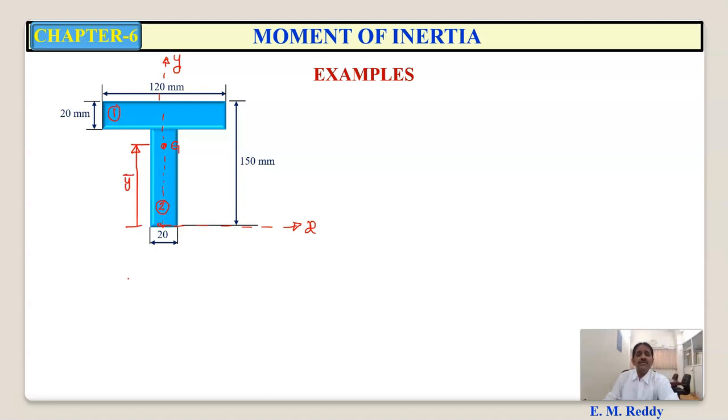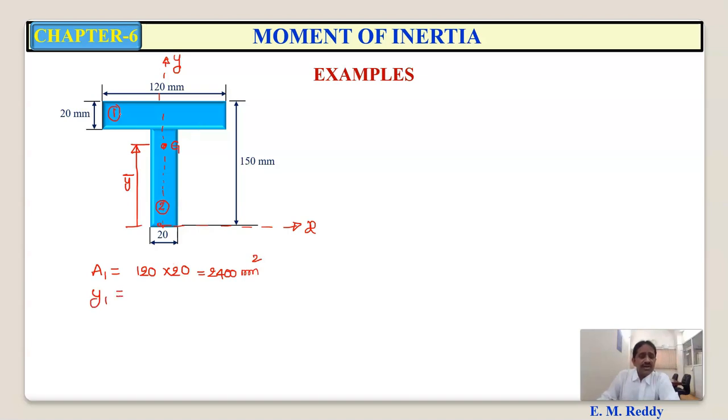Now to find y bar, first you have to calculate a1 y1, a2 y2, right? So a1, the area of the upper rectangle, is 120 into 20, so 2400 mm square. Now y1. What is the meaning of y1?